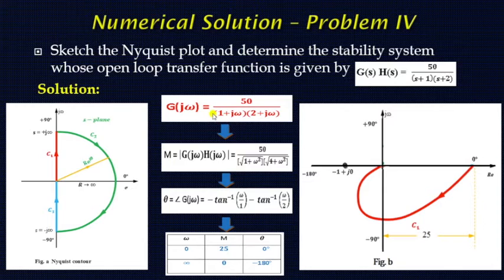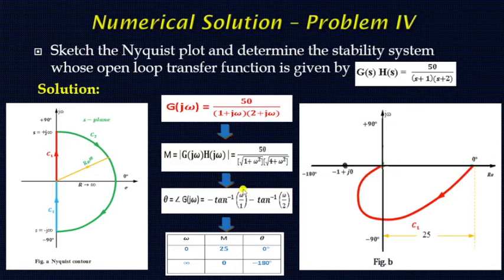Then write down minus tan inverse omega by 1 minus tan inverse omega by 2. Then put omega equal to 0. So this angle is 0 because tan inverse 0 means 0.